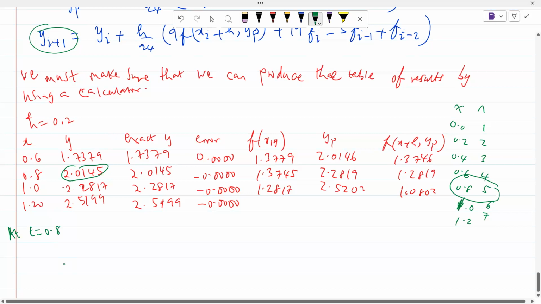Right, so we have n equals 5, so you can call it y5. But y5 is going to be at 1 less.